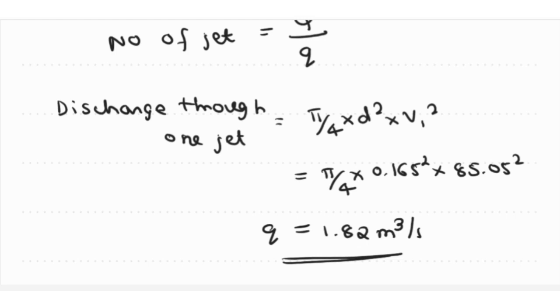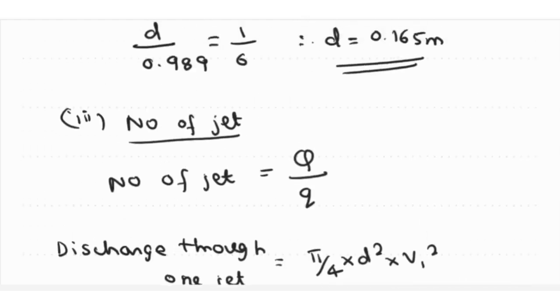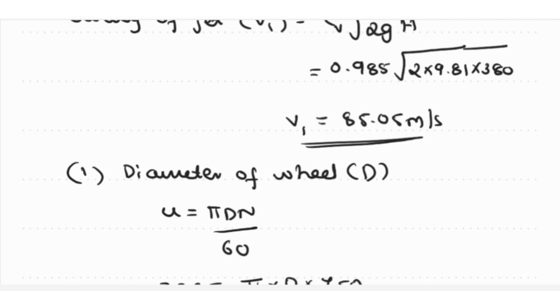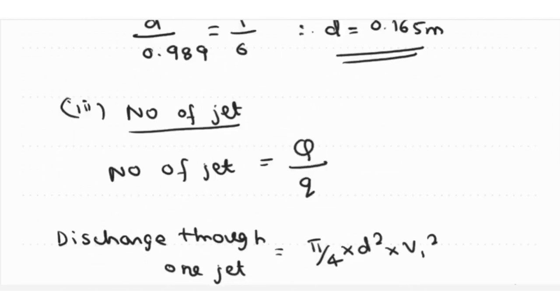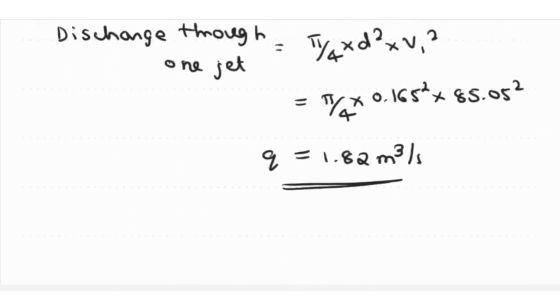For that, till now we have used all the data except the overall efficiency. So overall efficiency is actually given, and that is used to calculate the Q value. Overall efficiency is equal to shaft power divided by water power.